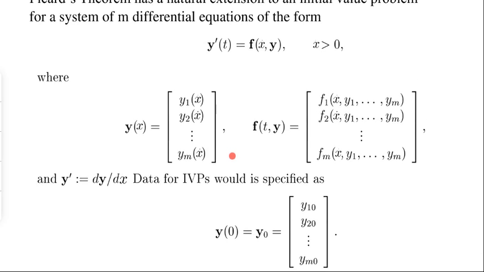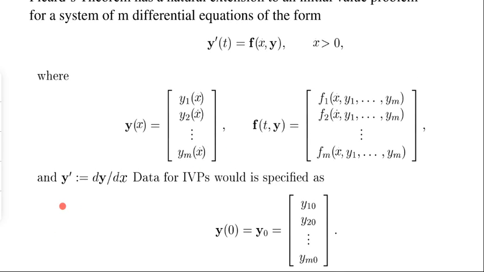Here we have the first order derivative y prime defined as dy with respect to dx. X is our independent variable. This is a single variable, our independent variable in our problem.